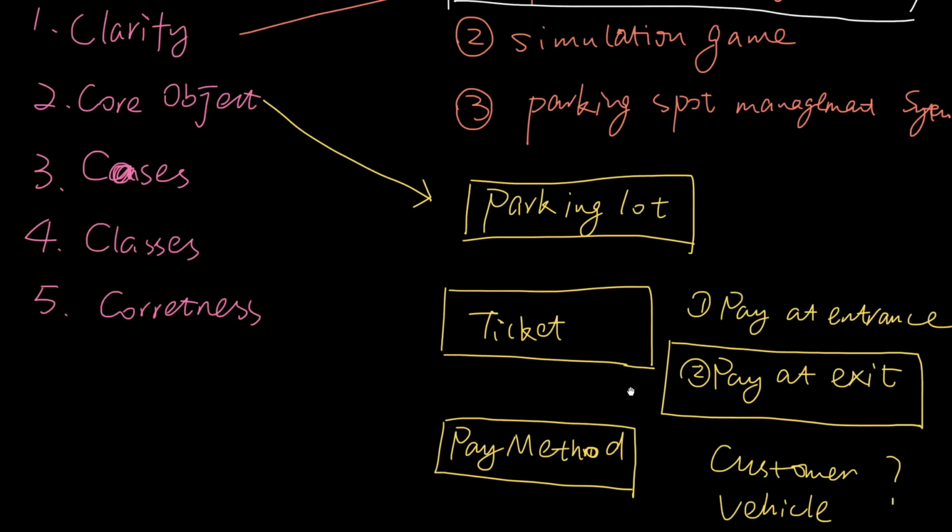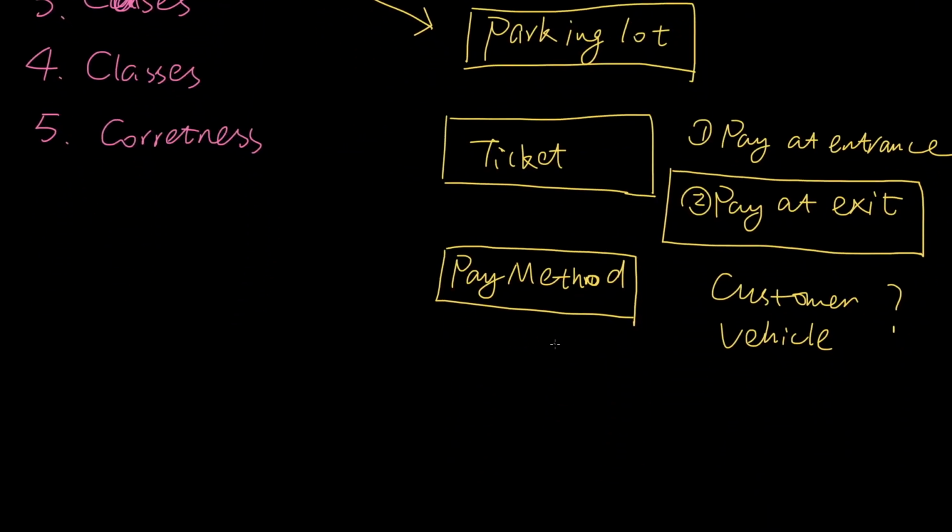The similar question will be, do we need to care about the parking spots? And what's the difference with parking spots with multiple levels and multiple entrances and exits? That's also a good question. It depends on how we want to deal with the issue.